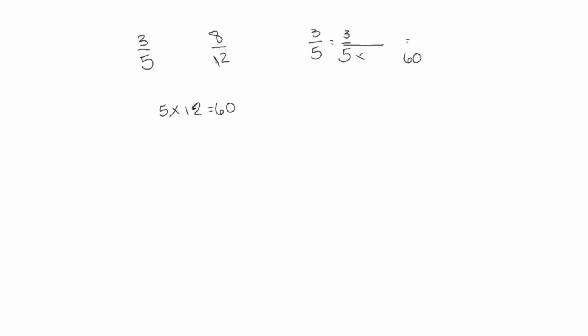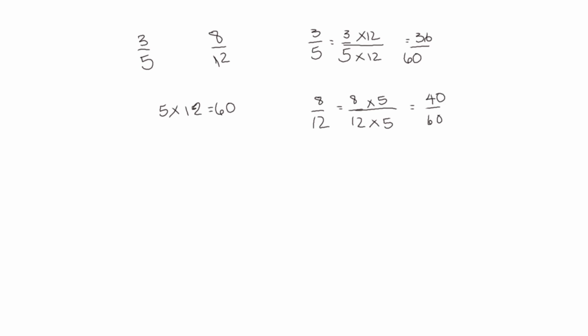So we're going to need to multiply the denominator and the numerator by 12. And we get 36/60ths for 3/5. And if we start with 8/12ths, again, to get to 60ths, we're going to need to multiply by 5. And we get 40/60ths.